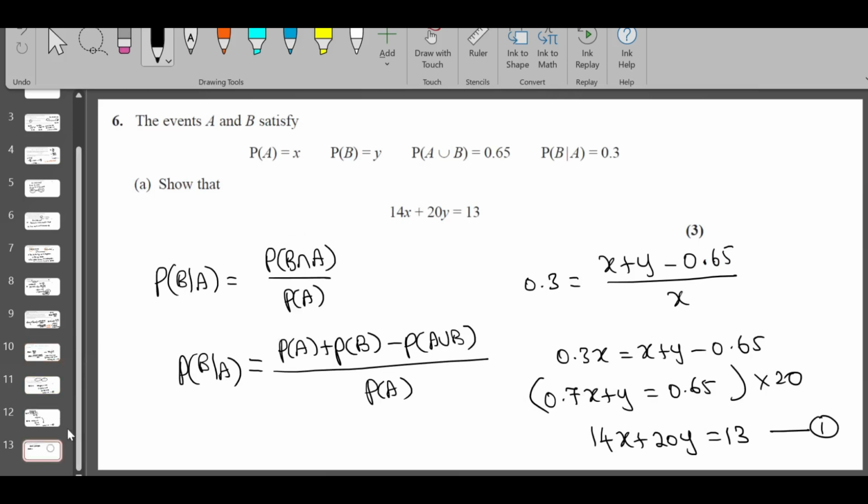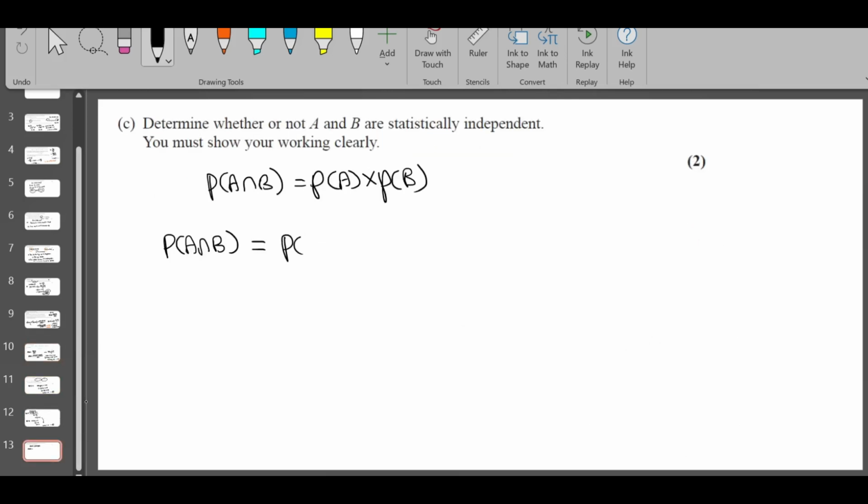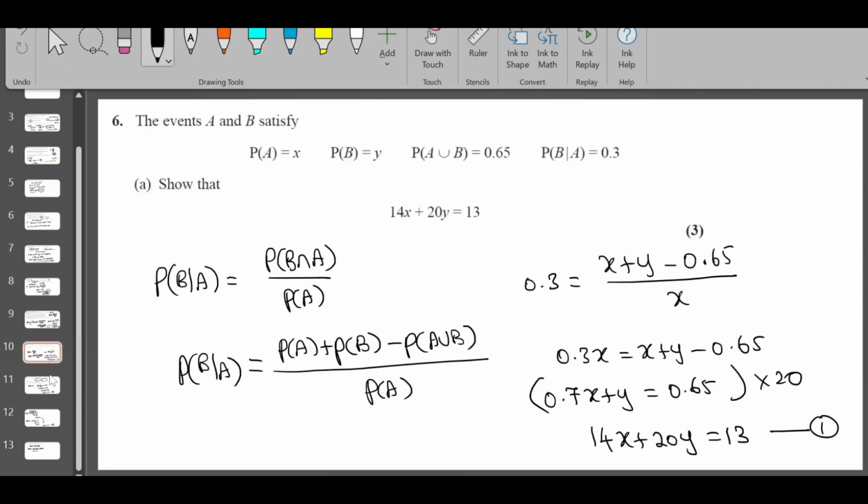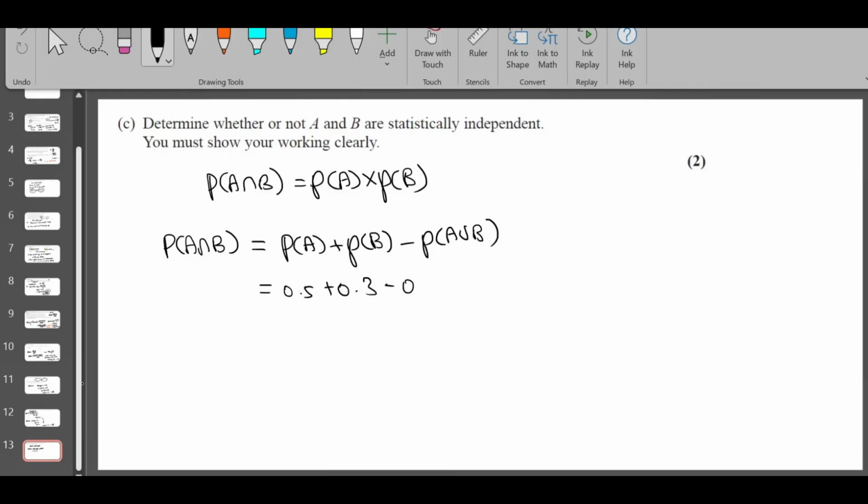No. We need to calculate using the probability addition formula. It's P of A plus P of B minus P of A union B. P of A is x, P of B is y, P of A union B is given here, 0.65. So you will get 0.15.